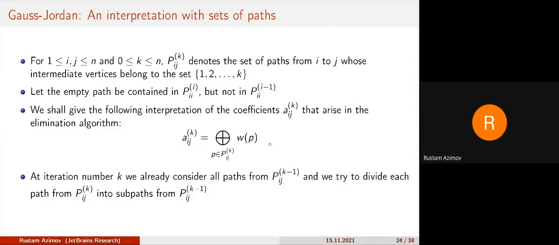And how do we do it? We already consider all paths from the previous class, and we try to divide in every possible way the paths from this class into subpaths from the already computed class.